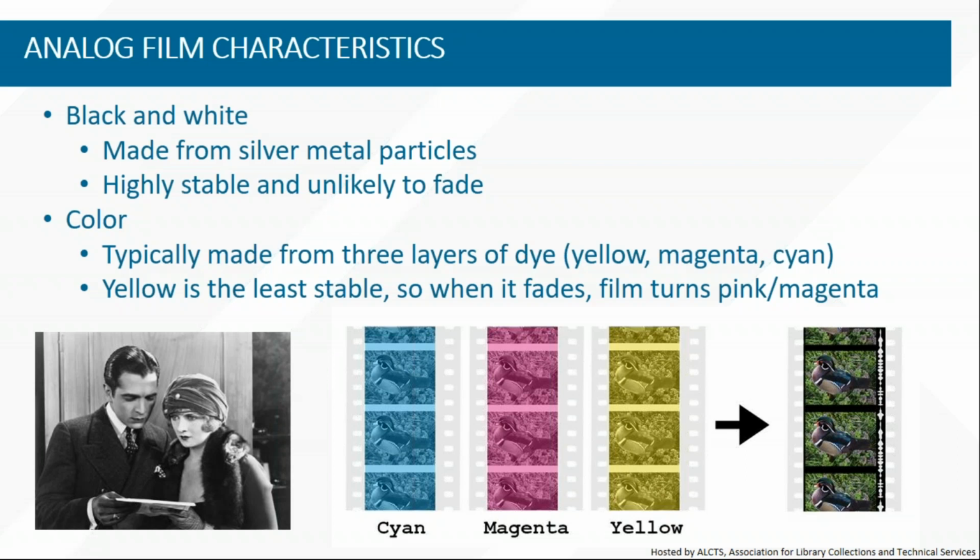In color, you see that there is 3 layers of dye: yellow, magenta, and cyan. Yellow is the least stable, so when it fades, it turns pink or magenta. So when you are speaking to somebody who manages film collections, or if you manage film collections, and somebody says that the film is faded, it's likely the case that they're referring to the fact that it looks red.